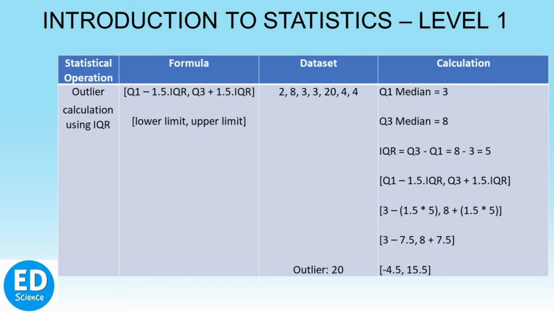So now we input the values into the formula to get the lower and upper limits as shown. We calculate the lower limit as 3 minus (1.5 into 5), which gives us minus 4.5. Similarly, we calculate the upper limit as 8 plus (1.5 into 5), which gives us 15.5. So anything below minus 4.5 and anything above 15.5 will be an outlier in this dataset. In our dataset, 20 is the outlier.